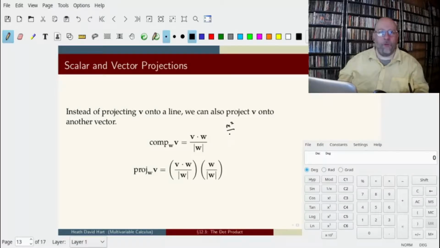And then when we divide by just 1 meter, we still have a unit of length left. And so this is measuring length. It is telling us how long that projection will be. It's giving us a length, and it's exactly what we want. And it's part of the formula for the projection.